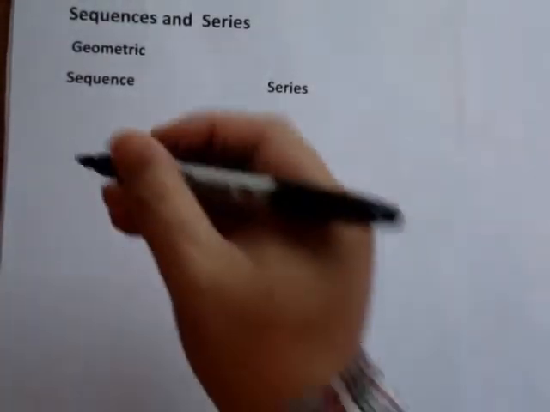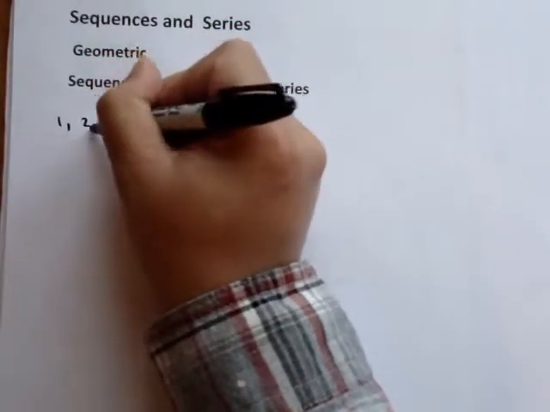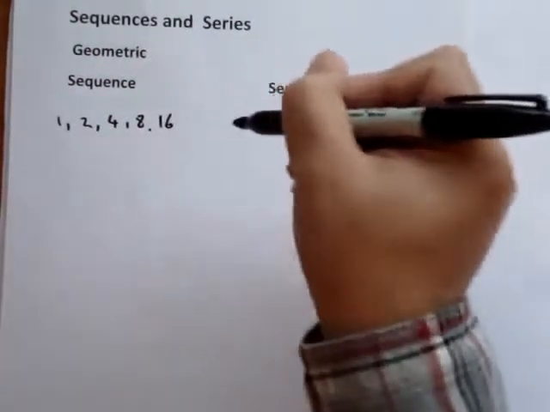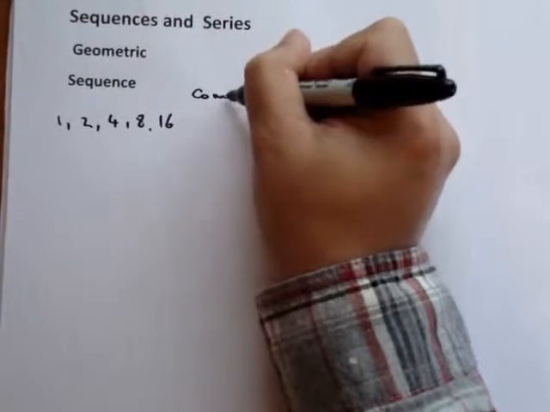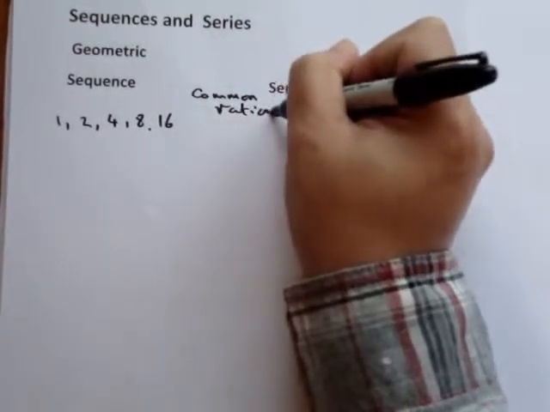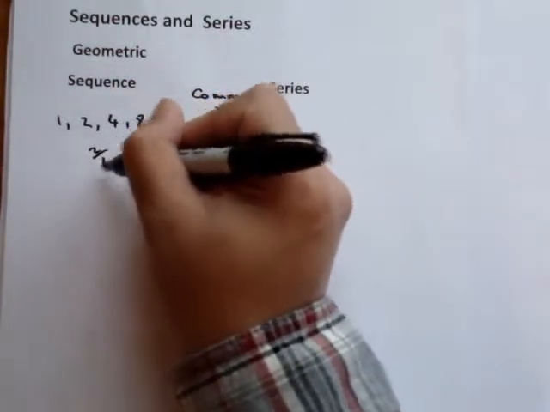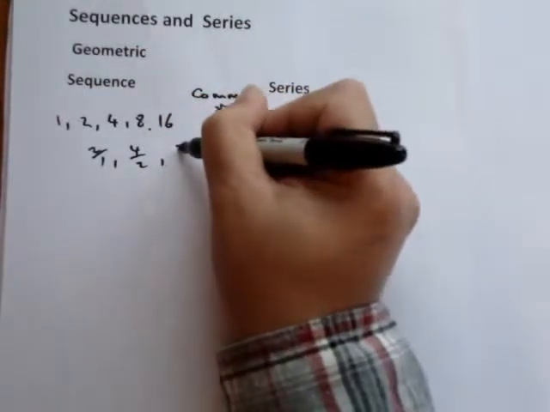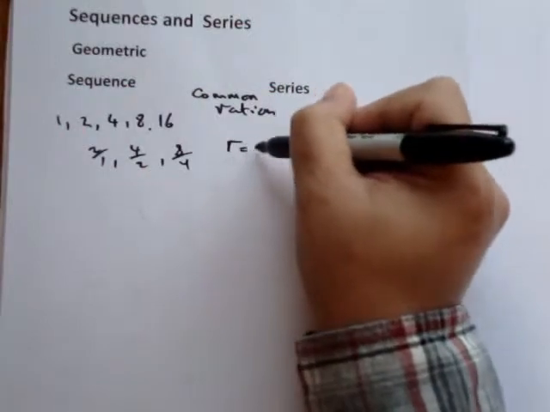Geometric sequence we said was something like 1, 2, 4, 8, 16 with a common ratio. In this case the common ratio we get by dividing 2 by 1, or 4 by 2, or 8 by 4, and the common ratio r is 2.